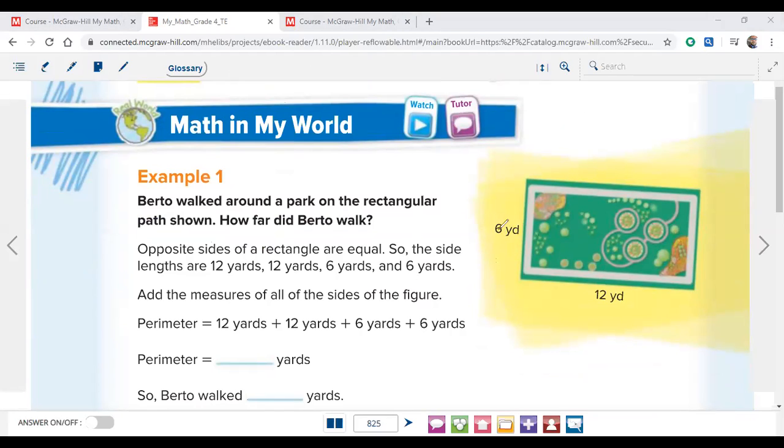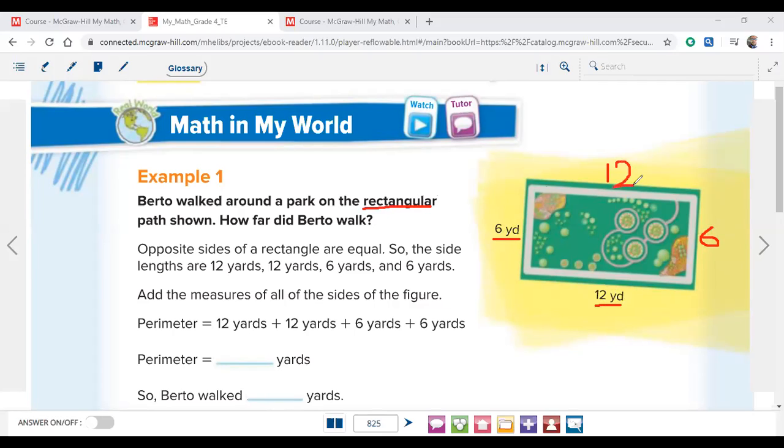This looks like a rectangle, a rectangular path. As we studied before, a rectangle has opposite sides of equal length. So this is 6 yards, the other side should be 6. This is 12 yards, the opposite side should be the same, 12.